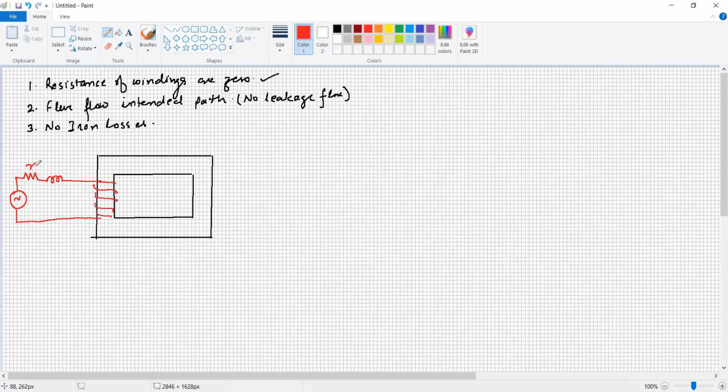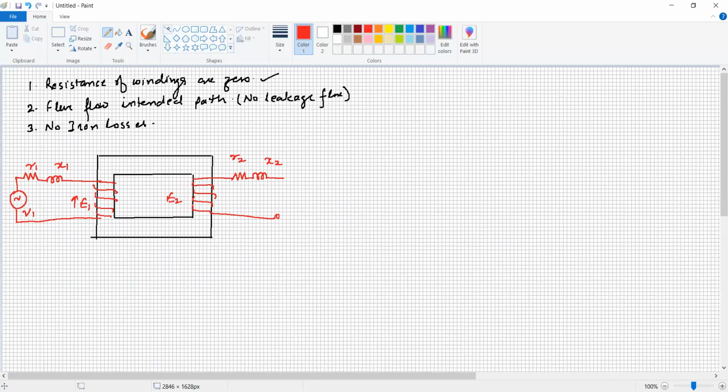Let the resistance be R1, the reactance X1, and the voltage applied V1. The EMF induced is E1, which is opposite to the supply voltage. Similarly, the EMF induced in the secondary winding is E2. There is some resistance and leakage reactance there too. So this is the practical case, with R1, X1, R2 and X2.